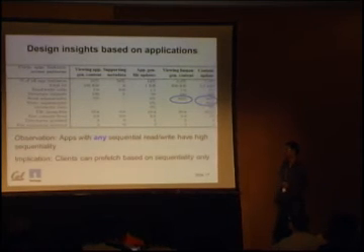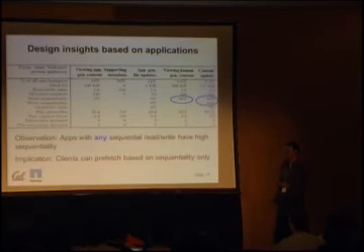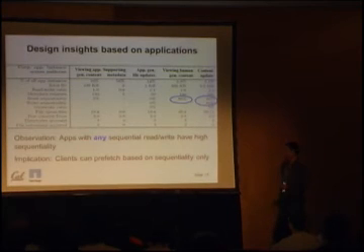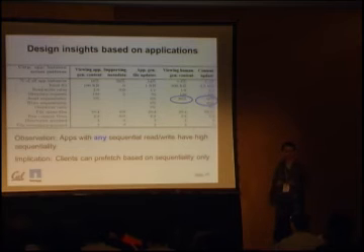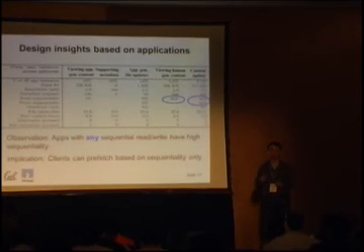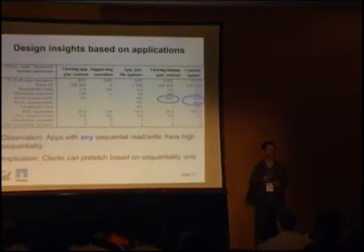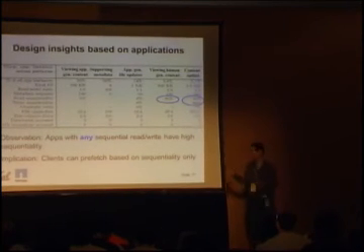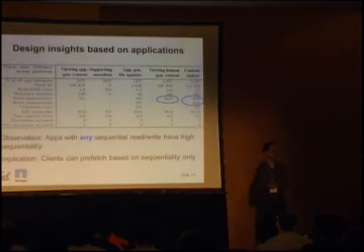Now, the implication there is that storage clients, storage applications in this case, can prefetch files based on sequentiality only. Prefetching means the moment an application sees sequential access to some file, it might as well fetch the entire file from the server. Subsequent access to that file, according to this, will be highly sequential. Therefore, the client application would have had the file ready even before the user requests the subsequent data. So that's one design insight.